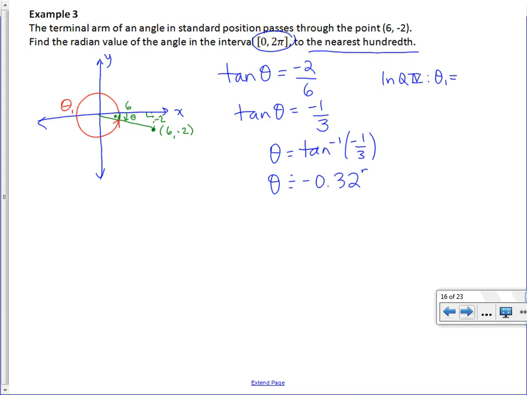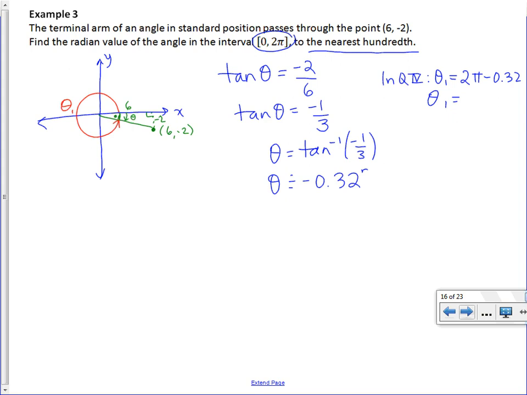So I want theta 1. How do I get the red angle if I know the green angle? You have to subtract. Last year, what did you subtract from? 360. What are you going to subtract from this time? 2 pi. Bingo. Make sense, everybody? You have to subtract from 2 pi.